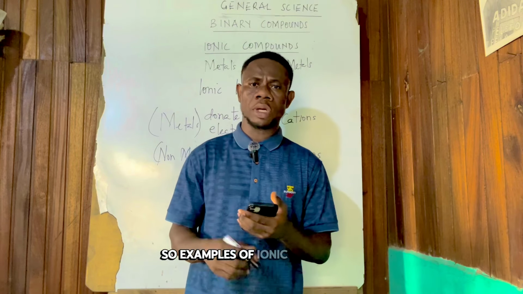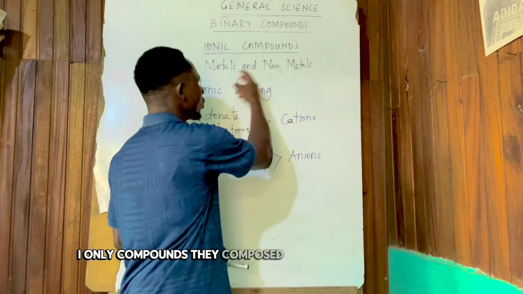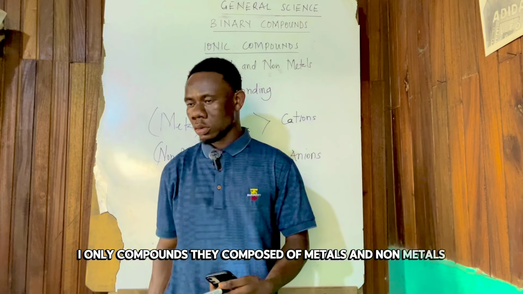So examples of ionic compounds. Ionic compounds are composed of metals and non-metals.